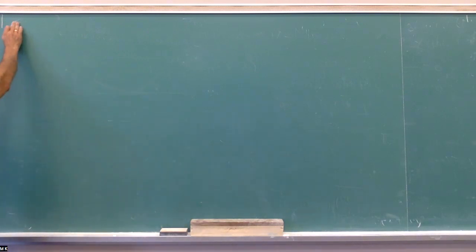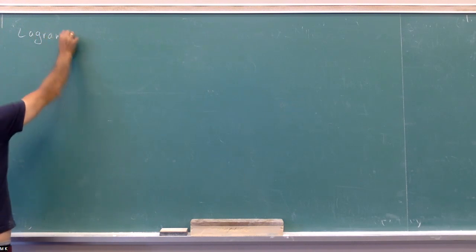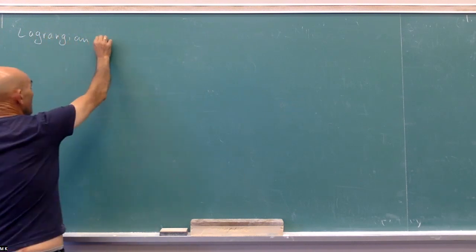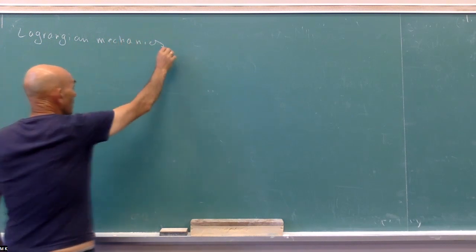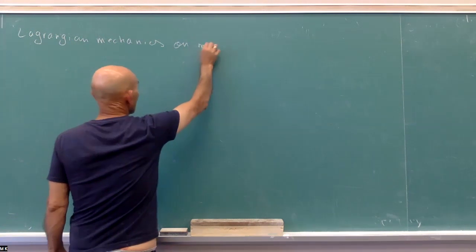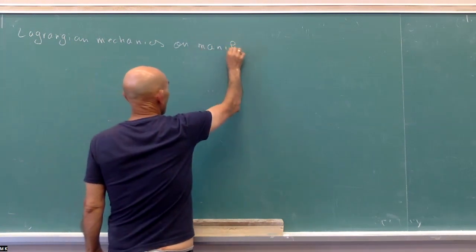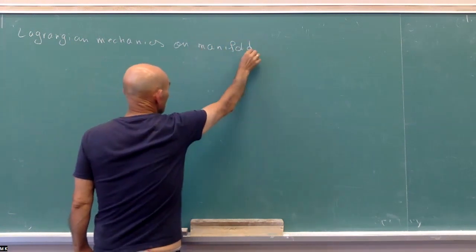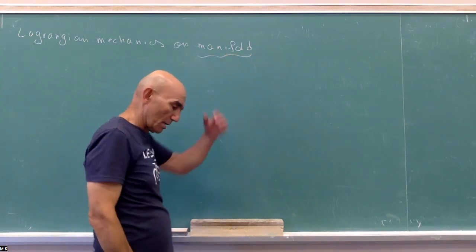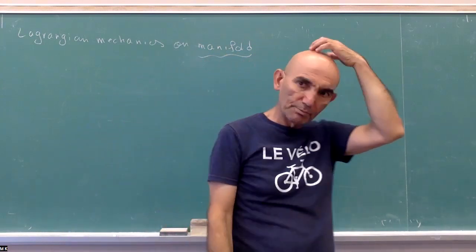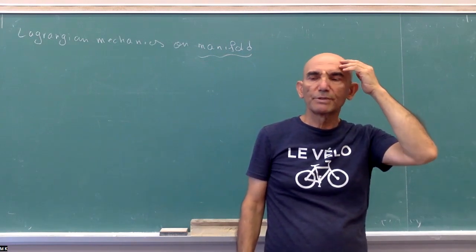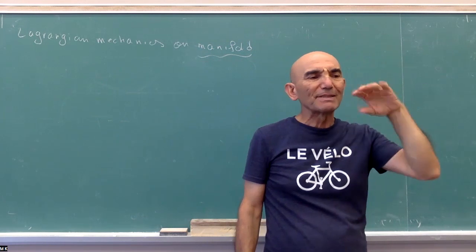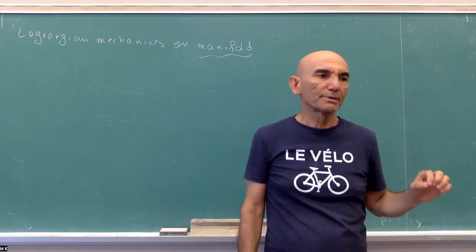So this is the Lagrangian. Manifolds. So these manifolds, in classical literature, like Lagrange, they call the points on the manifold, they specify points, generalized coordinates.